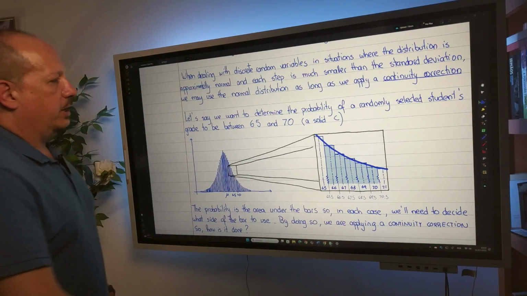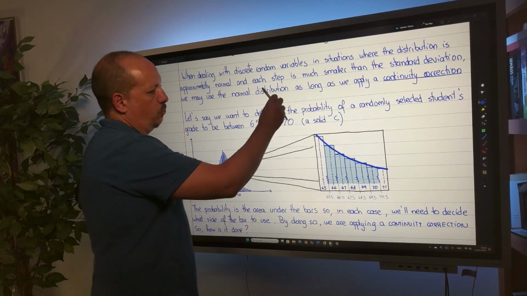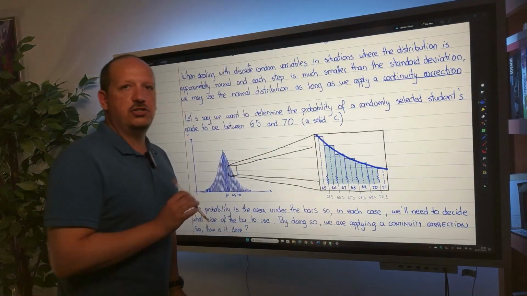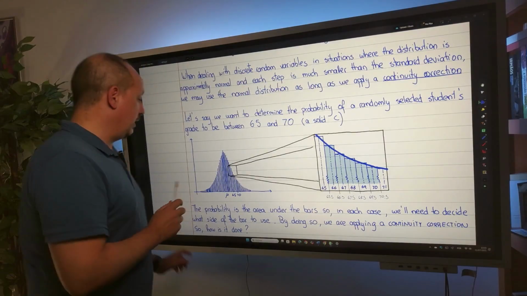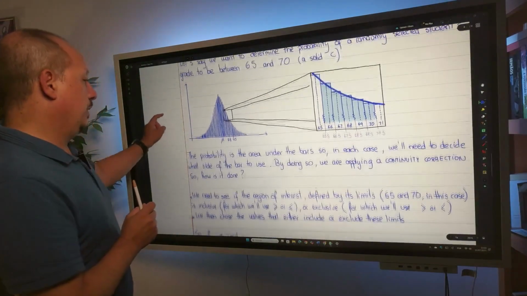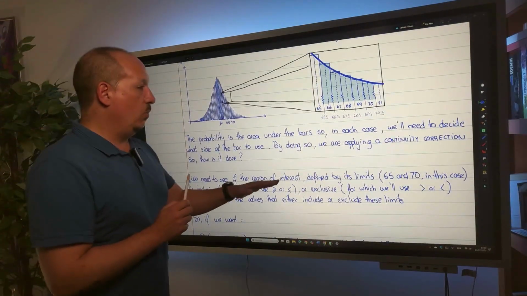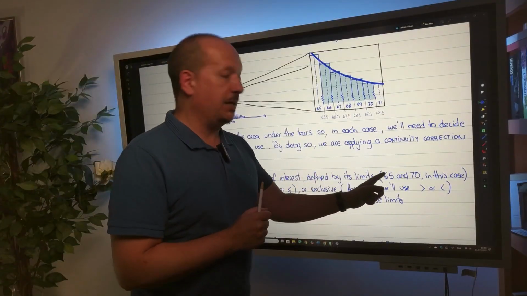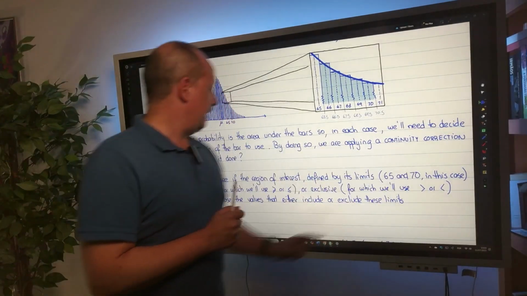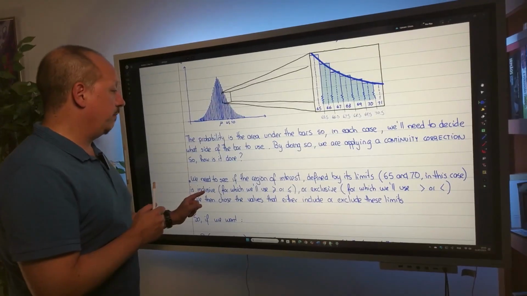All right. And in order for us to turn these bars into a line, we need to do a continuity correction. And we will need more information. We will need to know if the limits that we are studying, namely the 65 and the 70, are inclusive.